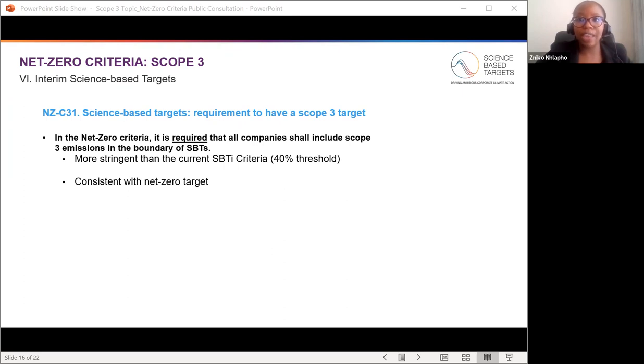And secondly, because all companies are required to cover scope 3 in net zero targets, which is further detailed in Criterion 17, this criterion limits the amount that a company's net zero target boundary may differ from its interim SBT, which is obviously beneficial from a consistency and planning perspective.